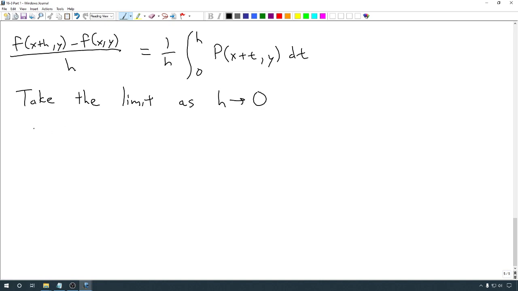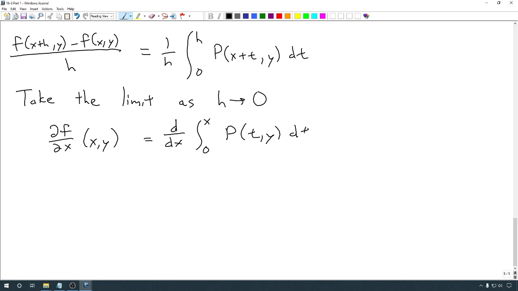This side over here, of course, turns into the derivative of f with respect to x, technically at the point (x, y). Over here, we're essentially turning this into its own derivative, where we are taking the derivative with respect to x of the integral from 0 to x of P of (t, y) dt.